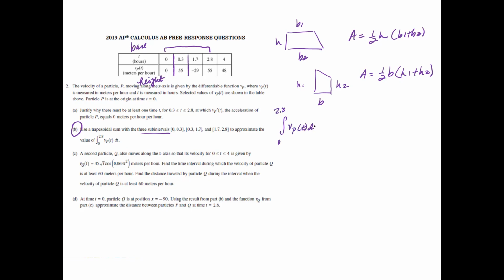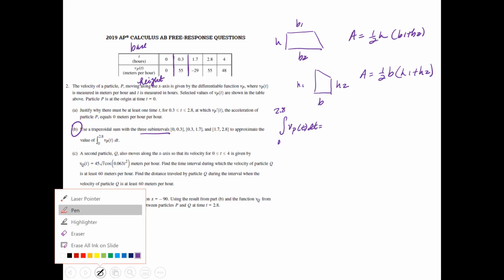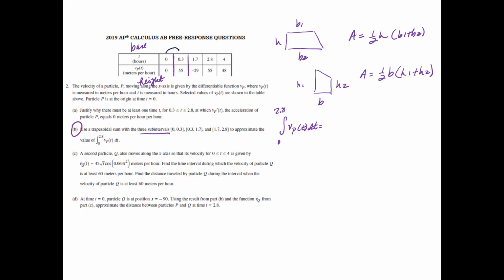The integral of V sub P of T dt is going to equal, since this is a 3 subinterval trapezoidal Riemann sum, let's go ahead and find the base. So the base in between 0 to 0.3 is 0.3. From 0.3 to 1.7 is a 1.4. From 1.7 to 2.8, it is a 1.1. And given the fact that we're only using 3 subintervals, those are the 3 that we're going to be using.